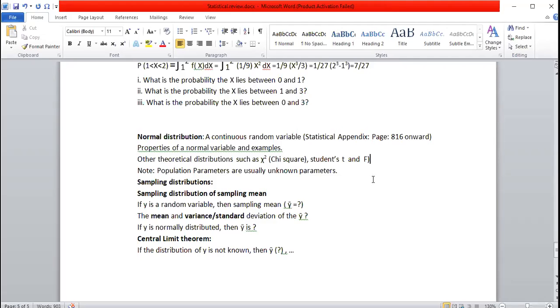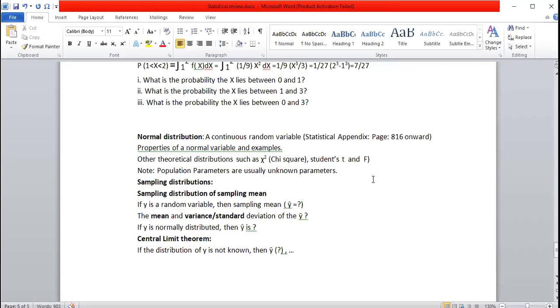Now, what is the use of a sample? Let's say you are dealing with the income of the teachers in this area, Chittagong, and you want to know the mean income and variance of that distribution. Population mean mu, population variance sigma square or standard deviation.